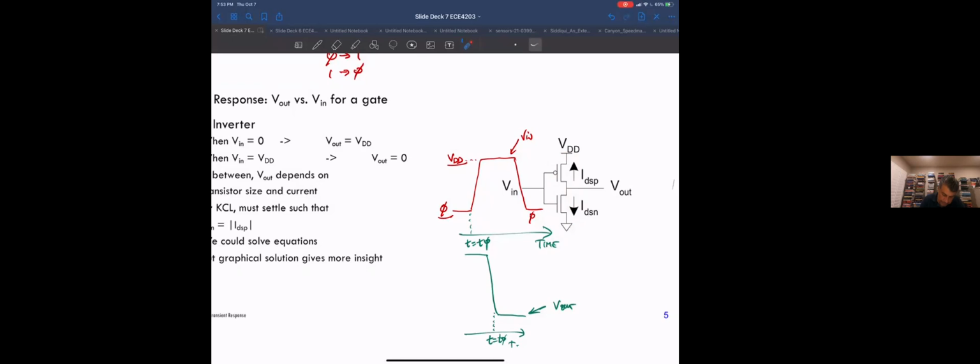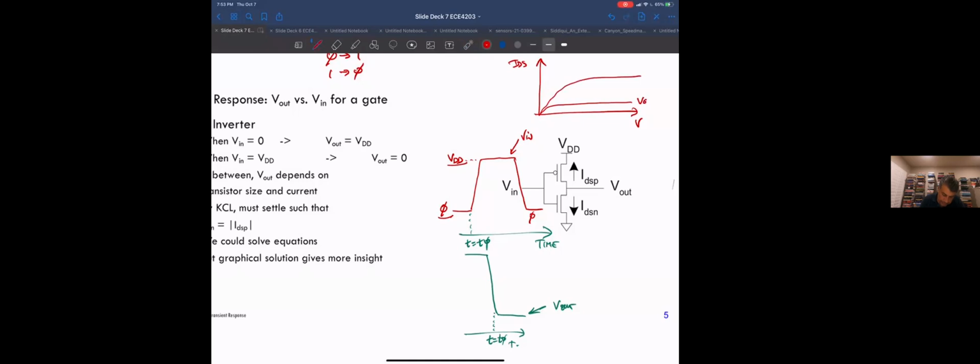Now this device is on, but remember what it looks like is something like this. The question is, what's the current through it? It's going to try to pull this output down, but how much current? Remember that if I plot the current through this NMOS, it's going to have different curves for different VGSs.